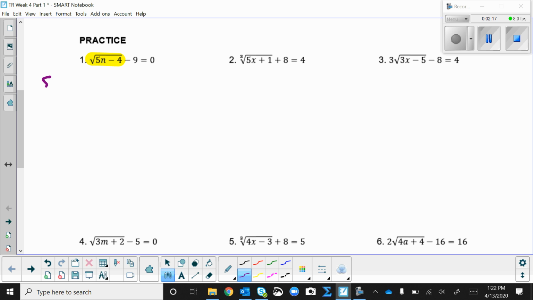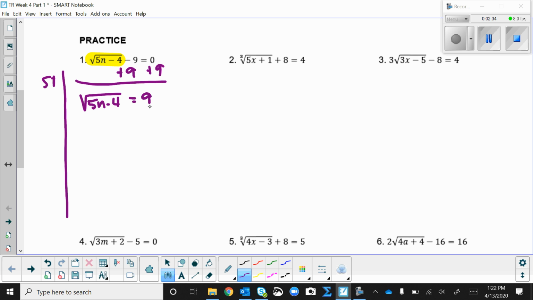So this is step 1. We're going to add 9 to both sides. And now I have left over radical 5n minus 4 equals 9. Okay, so now it's all by itself. It just took me 1 step to get it isolated.